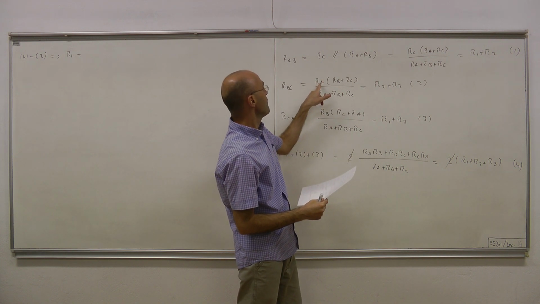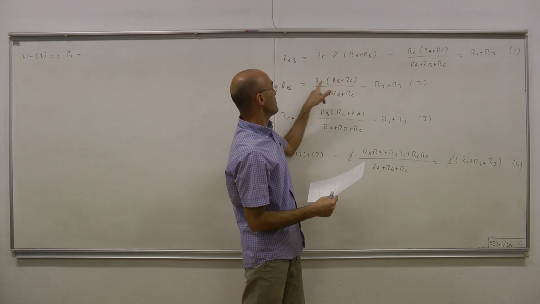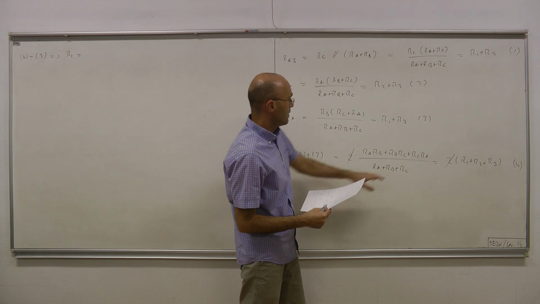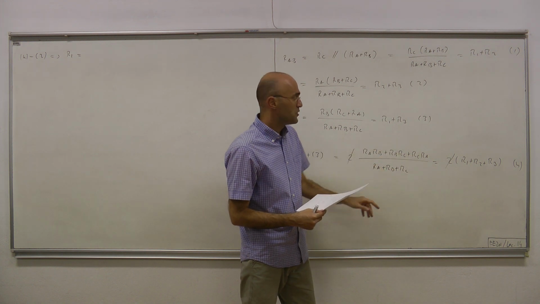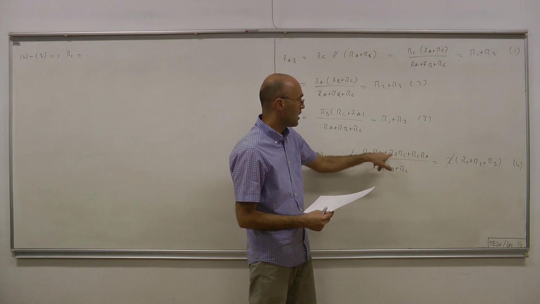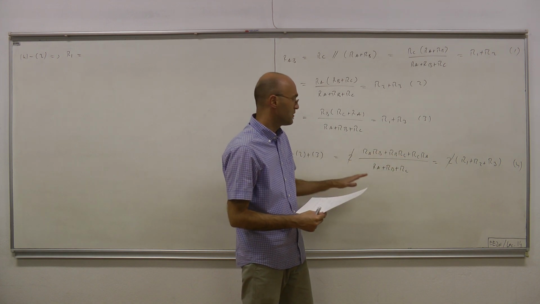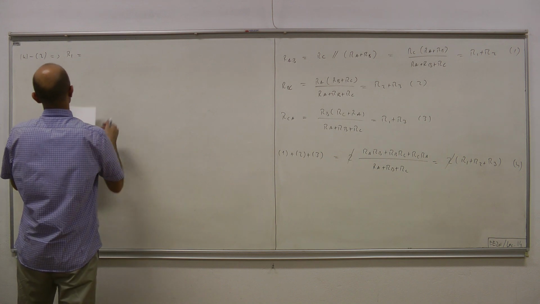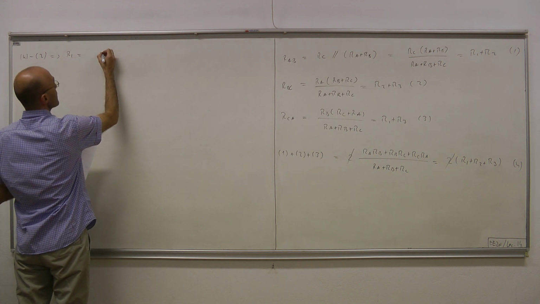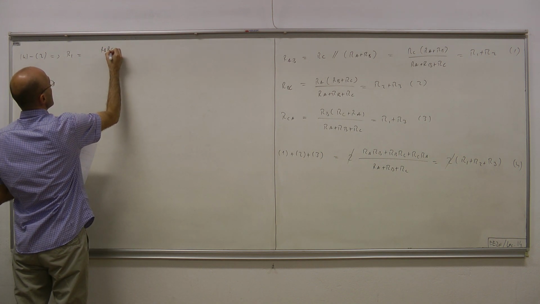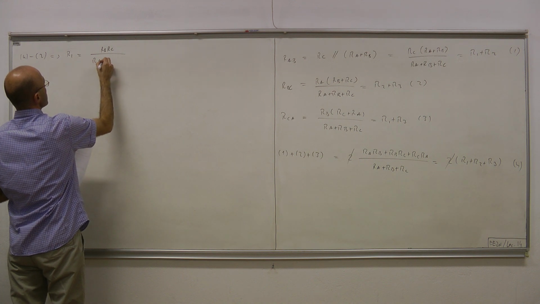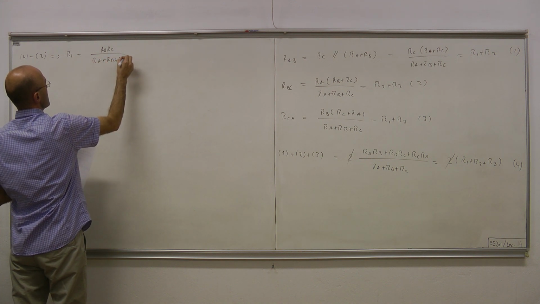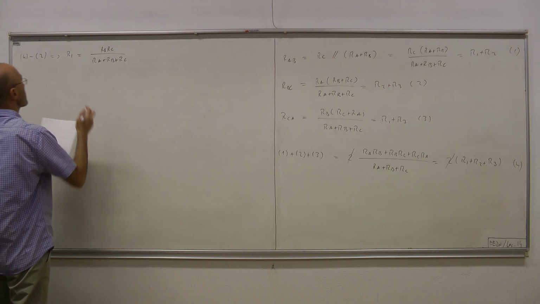This has RA RB and RA RC, and then this term and that term disappear. So what we're left with is RB RC on the numerator, and the denominator is the sum of 3 resistances.